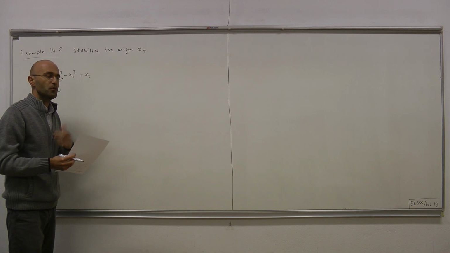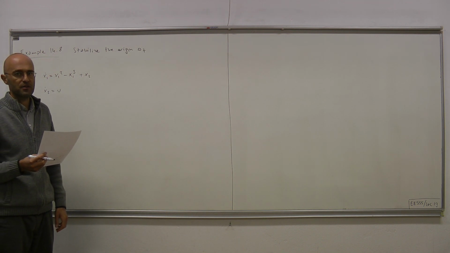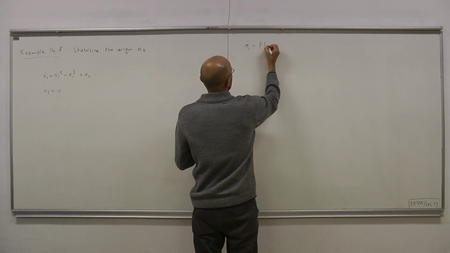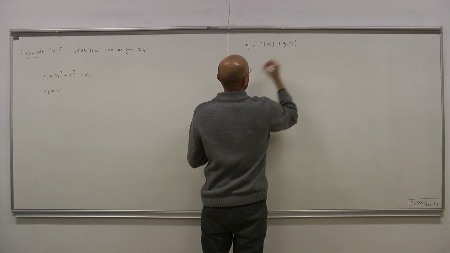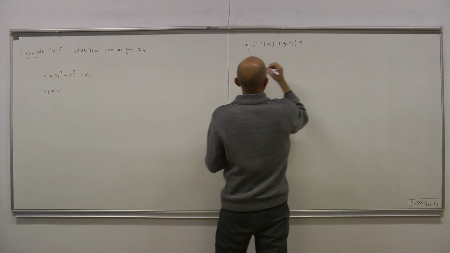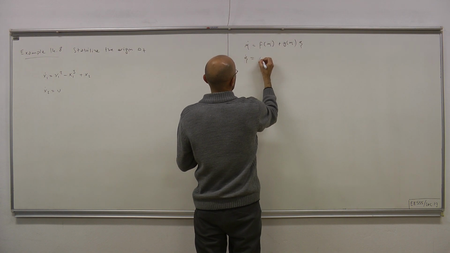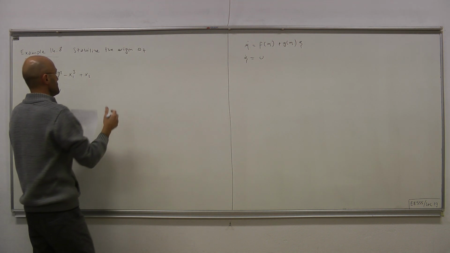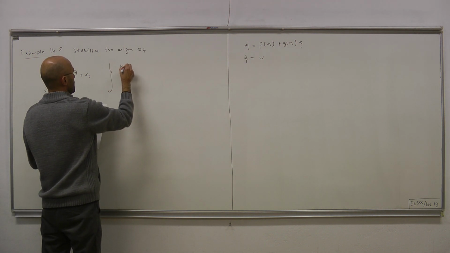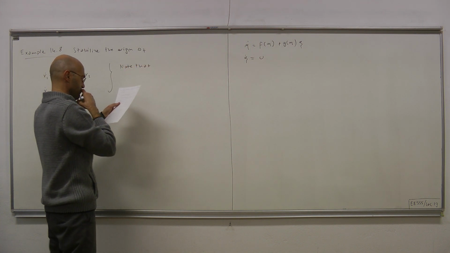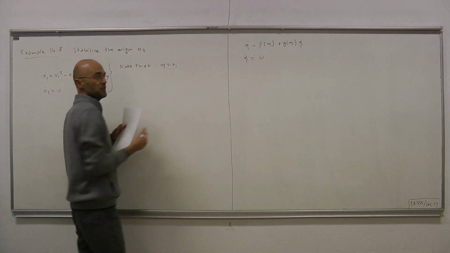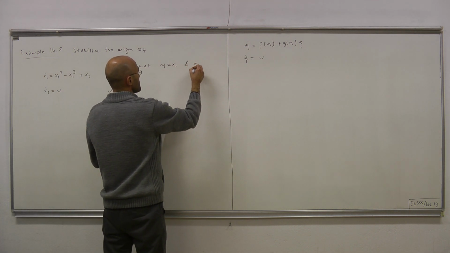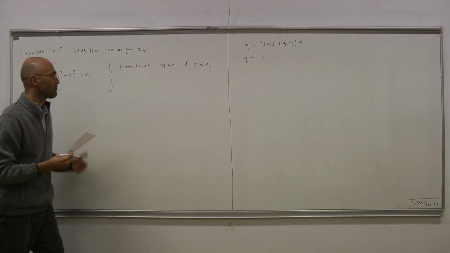Remember the notation that we introduced in the previous lecture. We had eta dot equals f of eta plus g of eta times xi, and xi dot equals u. Now in this case, note that eta can be taken to be x1, and xi is x2.